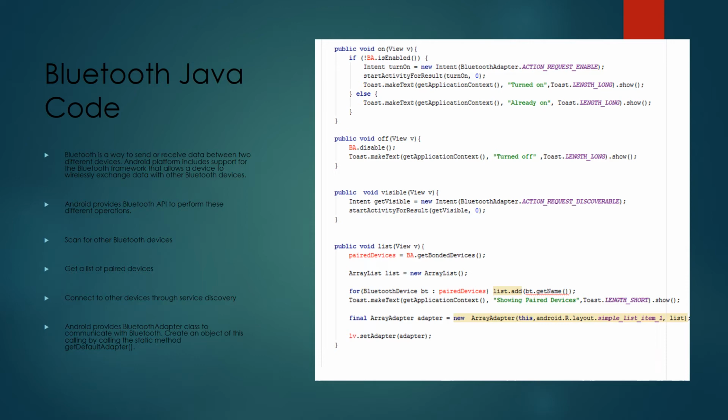The operations that the API provides are: scan for other Bluetooth devices, get a list of paired devices, and connect to other devices through service discovery. Android also provides a Bluetooth adapter class to communicate with Bluetooth. It creates an object of this by calling the static method getDefaultAdapter.